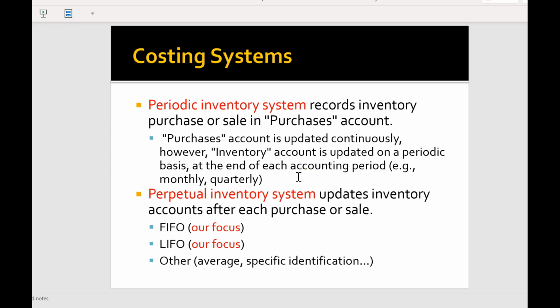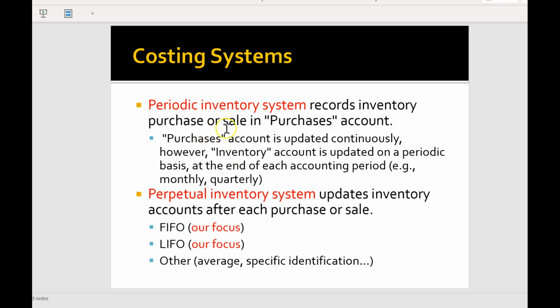So the way that we discussed in earlier chapters, when the company at the end of the period counts how much supplies are left in the warehouse, for example, and then derives how much has been used, that is a periodic inventory system. In the perpetual inventory system, the company basically updates the inventory accounts every time there is a purchase or there is a sale.